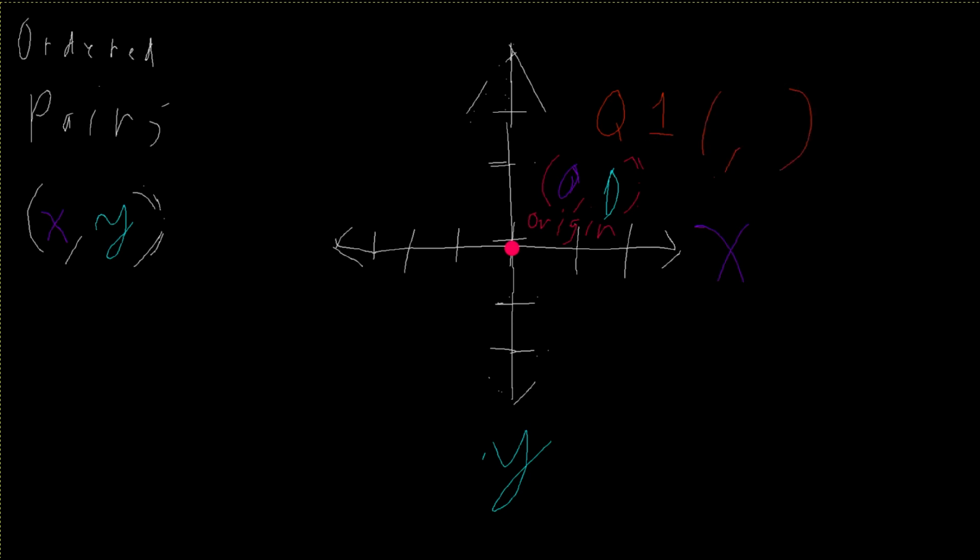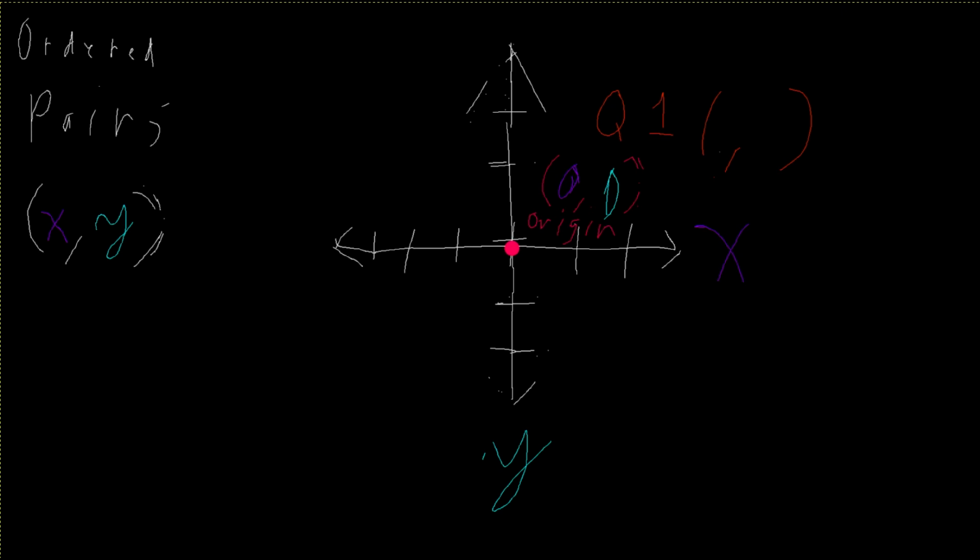All right, now for quadrant 1, both the x coordinate and the y coordinate are going to be positive.